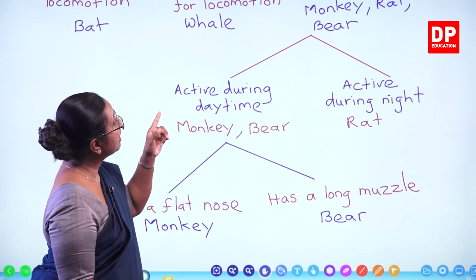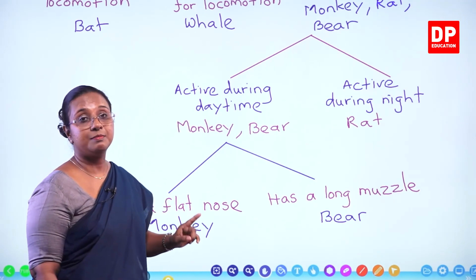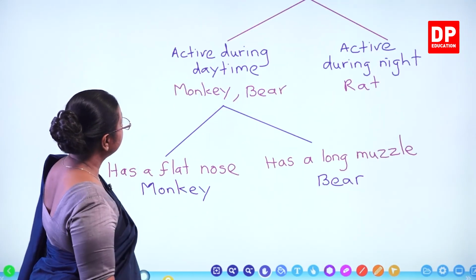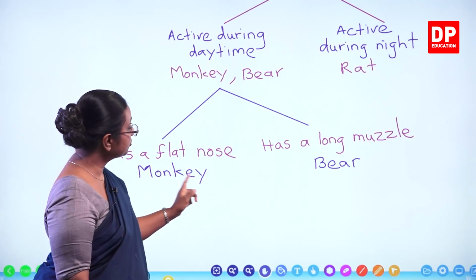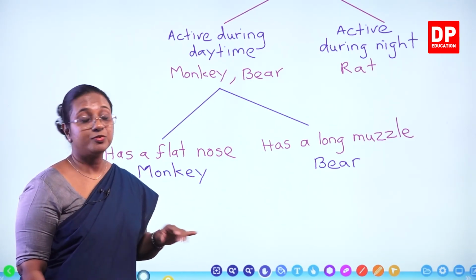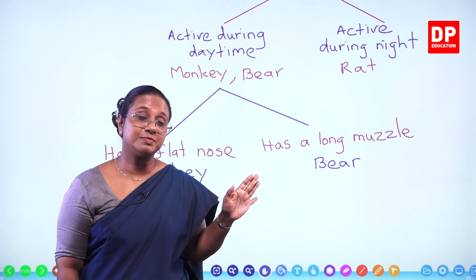If we consider monkey, rat and bear, active during daytime, it's monkey and bear. Active during night time, it's rat. And then we needed to classify monkey and bear. Monkey has a flat nose and it has a long muzzle, that is bear.